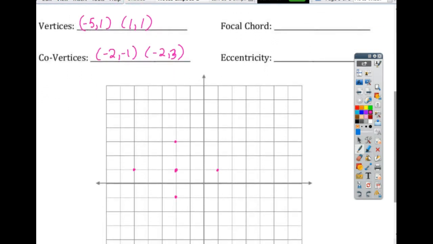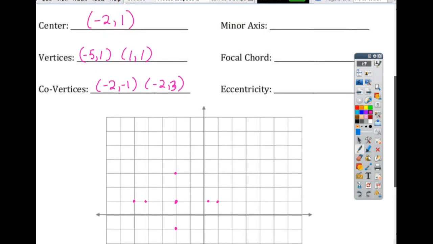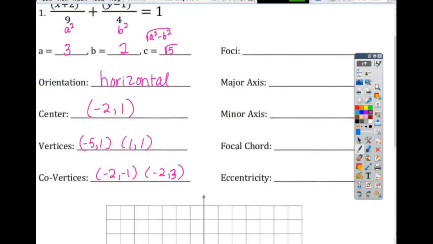It's like 2.2 something, right? Okay, so the focus is 2.2. So from the center, I'm going to go 2 this way and 2 this way. And that is my focus right there. 2 point something. So the focus, I'm going to use the center, and it's plus or minus the square root of 5.